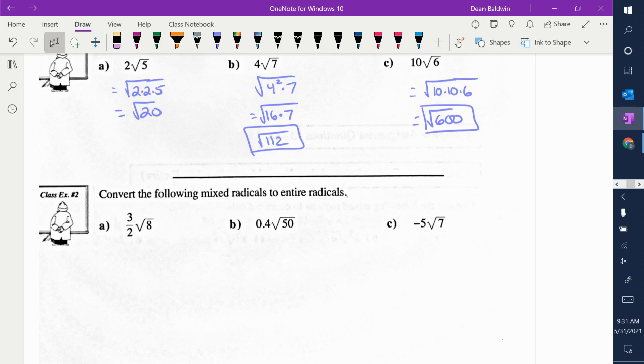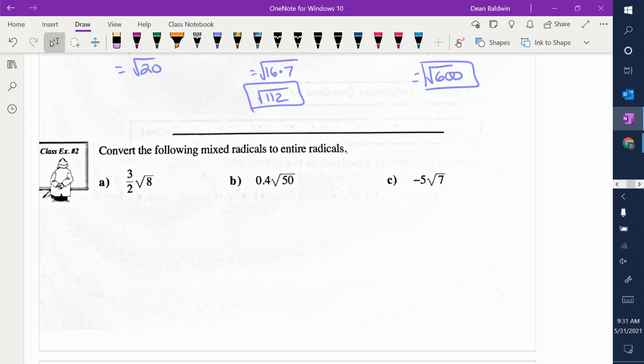What if you have a fraction? Don't do a decimal. You put 2 fractions in this case. So we have 3 over 2 times 3 over 2 times 8, and it's all under the square root sign. How do you multiply fractions? Okay, so what is the 8 as a fraction? 8 over 1.